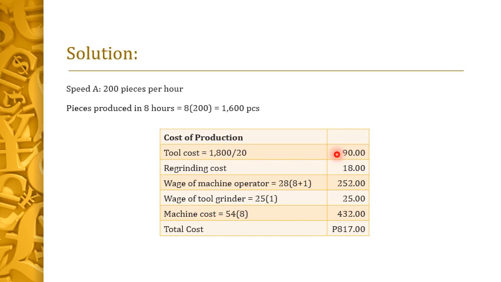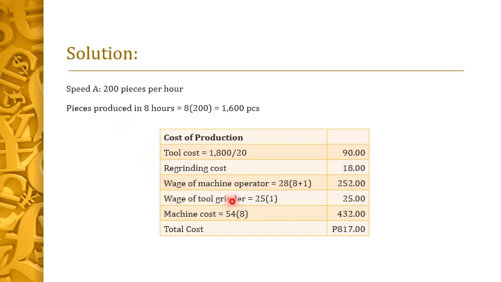This is equal to 90 pesos. We divided it by 20 because 20 is the number of times the tool can be ground and we're only going to use the tool once. The regrinding cost is equal to 18 pesos because we're only going to regrind the tools once.